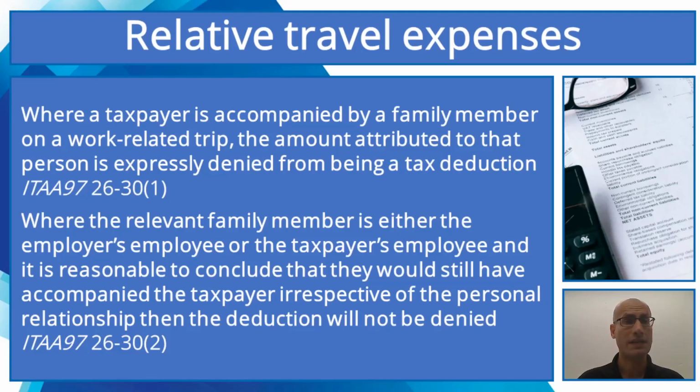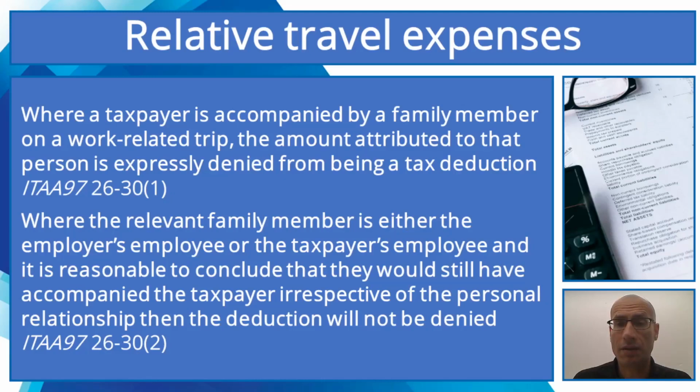Now, there is an exception to that, and that is if the taxpayer can prove that the family member is either also an employee of the same employer, or they're employed by that particular taxpayer. And importantly, it has to be such that it's reasonable to conclude that that particular person would have gone anyway.